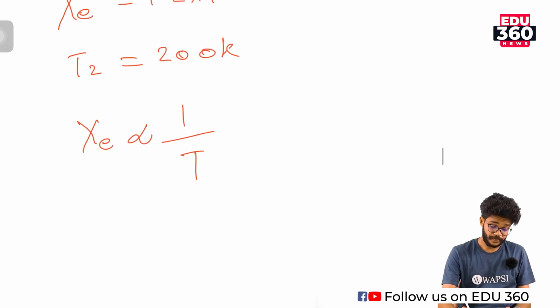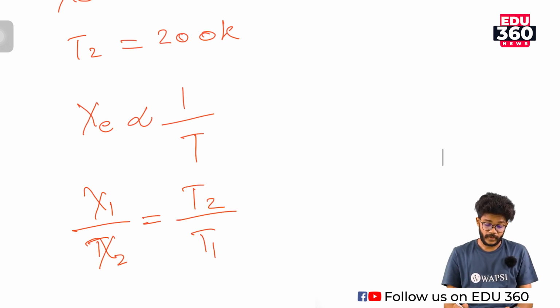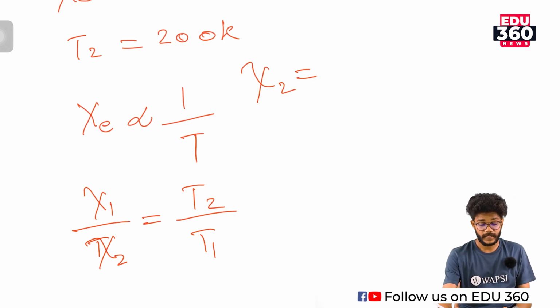So chi 1 by chi 2 is equal to T2 by T1. We want chi 2, the second susceptibility: chi 2 is equal to T1 by T2 into chi 1.